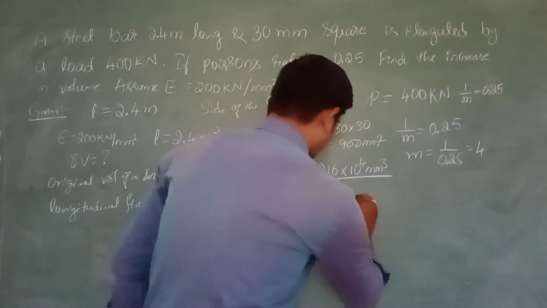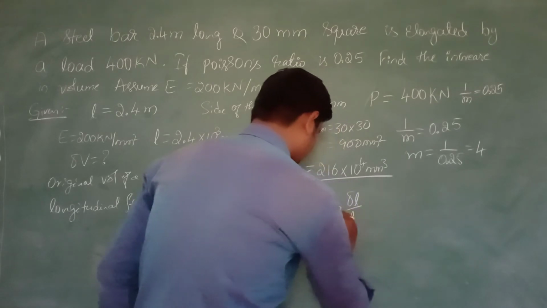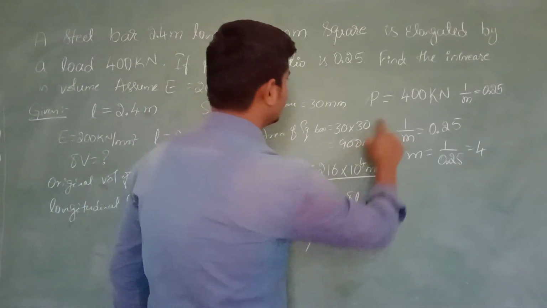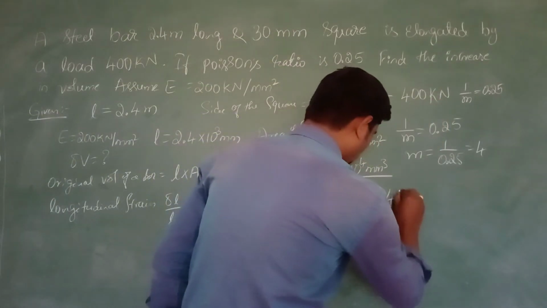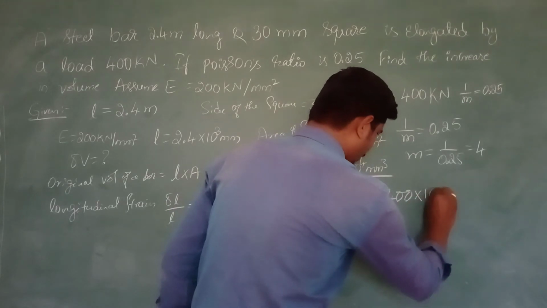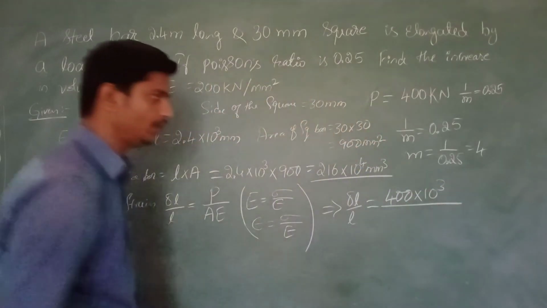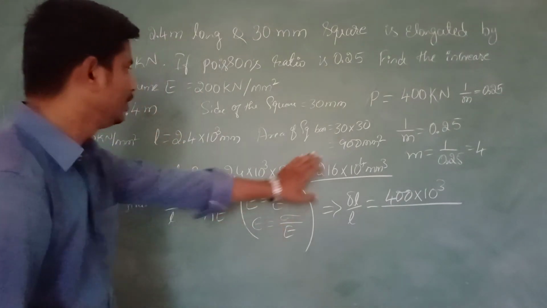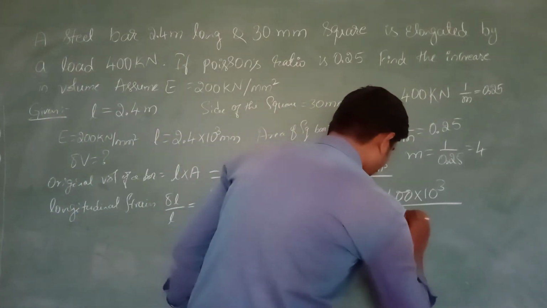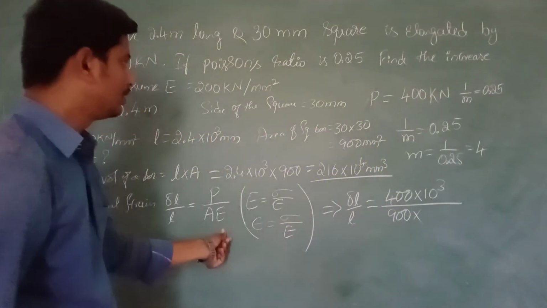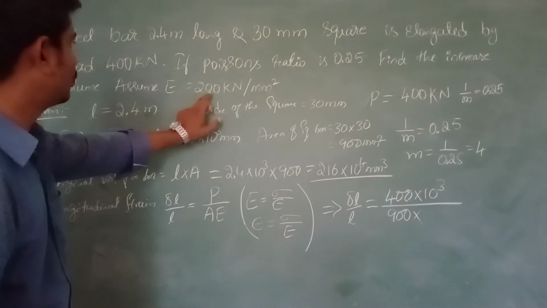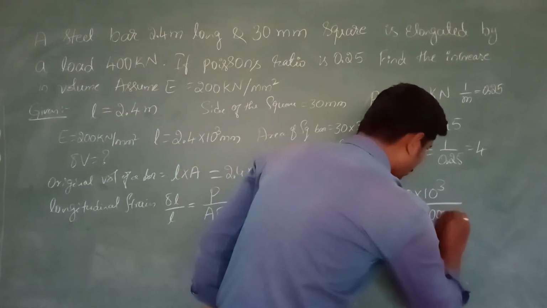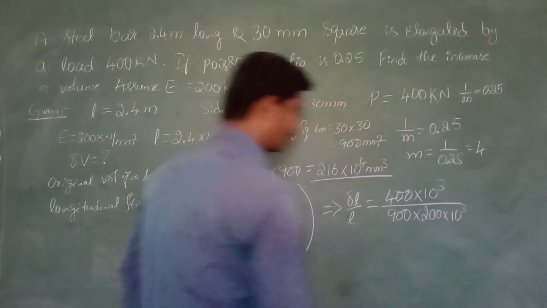So delta L divided by L, or epsilon, is equal to P. P is 400 kilonewton, which we convert into newton: 400 into 10 to the power of 3 newton divided by the area, 900 mm square, into E. E is equal to 200 kilonewton, which we convert into 200 into 10 to the power of 3 newtons.